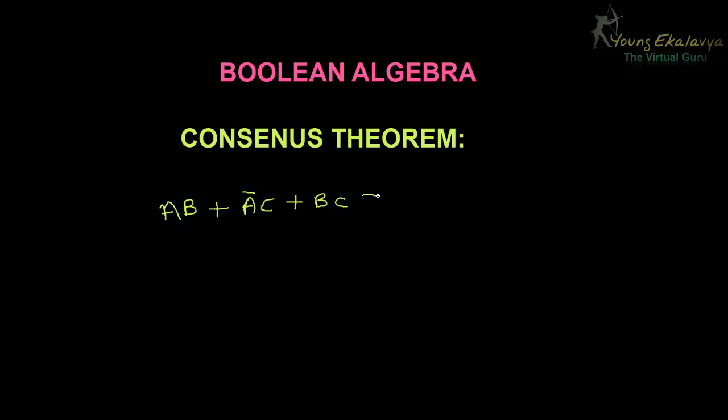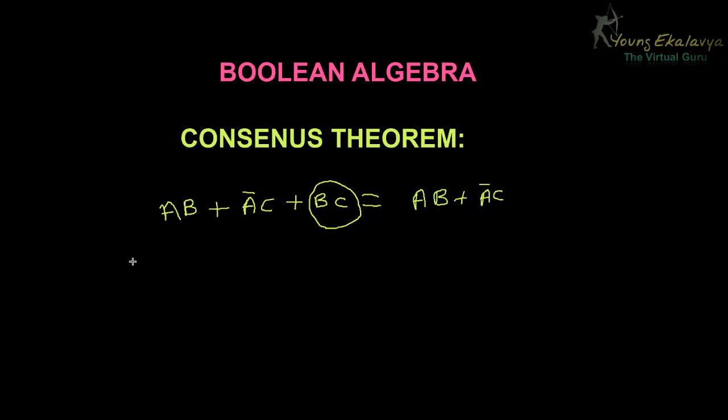This results in AB or A complement C. You can observe it, we have skipped this. Why have we done that? We will see it.